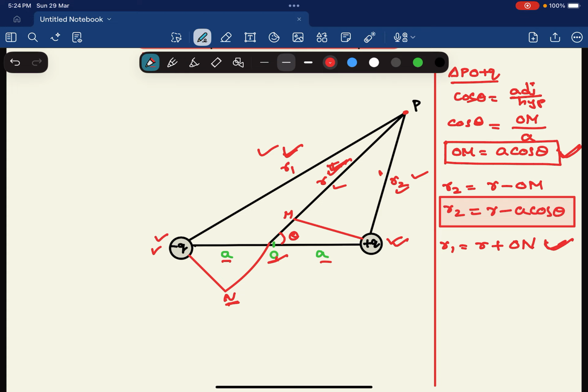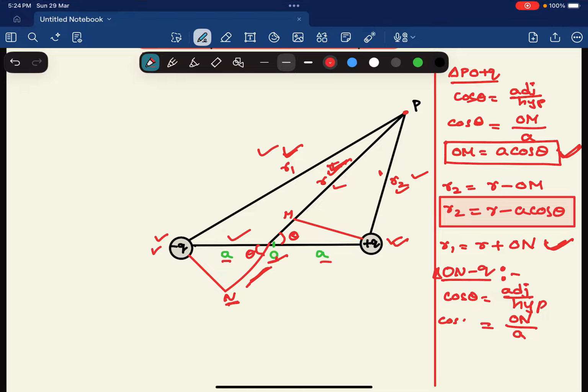So to calculate ON, I'm taking a triangle ON minus Q. From this again, cos theta is equal to adjacent side by hypotenuse. Okay, so let us assume this is theta and ON will be the adjacent. So ON by hypotenuse means a.